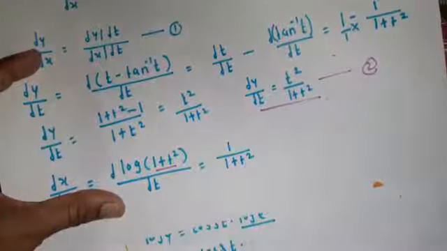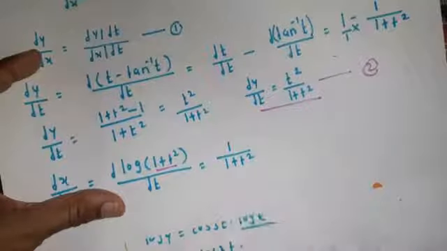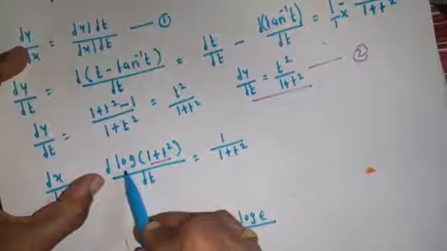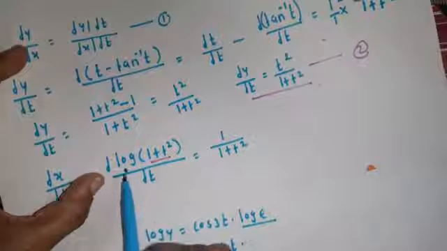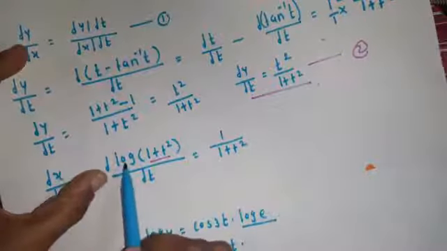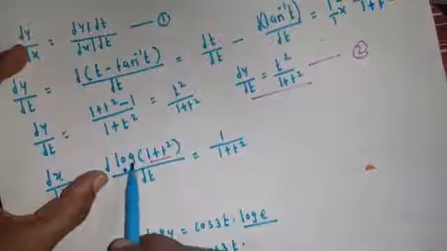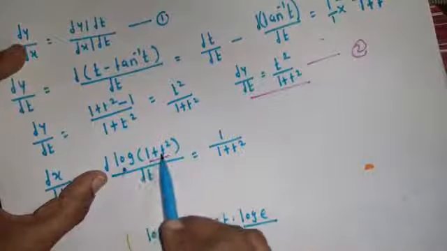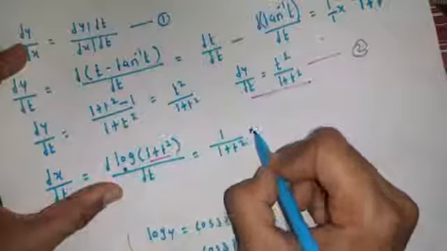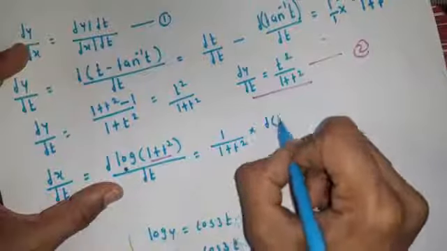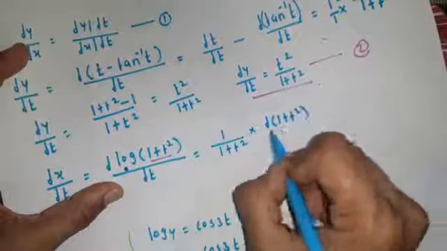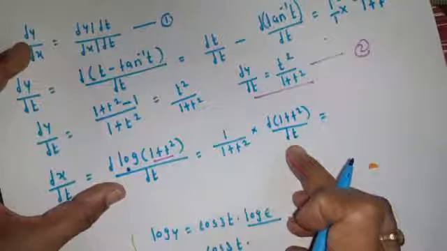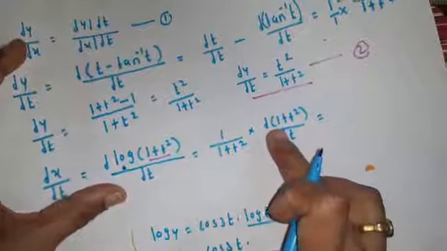But here we have to differentiate again; the outermost function is log, and therefore by using the logarithmic formula we differentiate. But the log is a function of 1 plus t square, therefore again differentiate this 1 plus t square with respect to t. Differentiation of 1 with respect to t is 0 because 1 is a constant number.